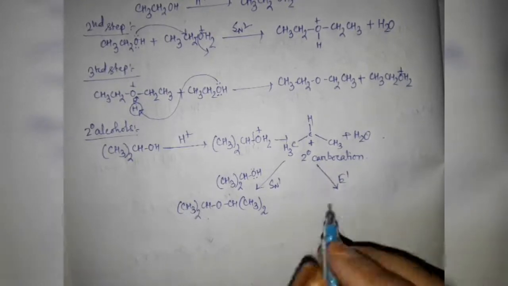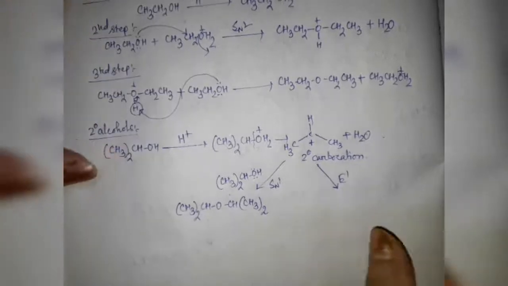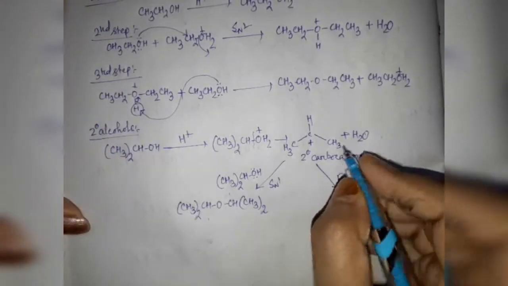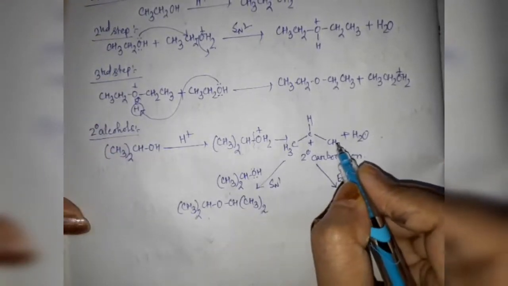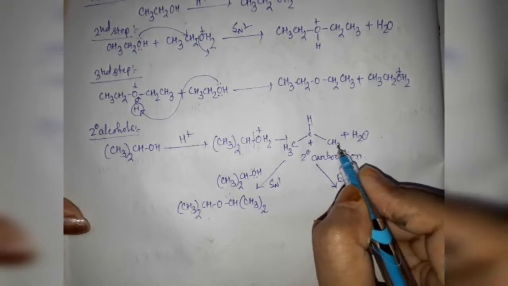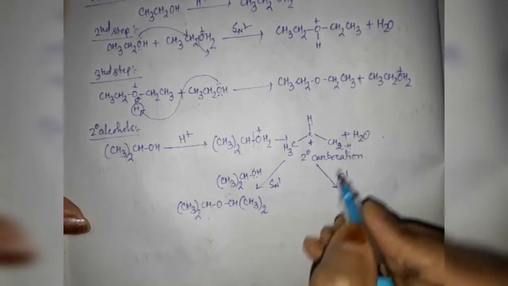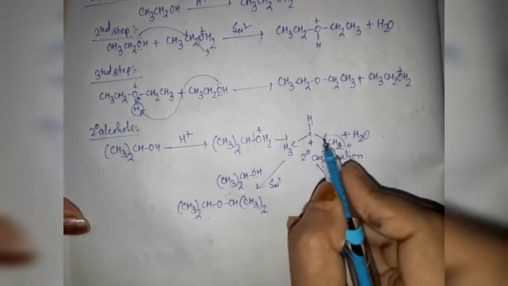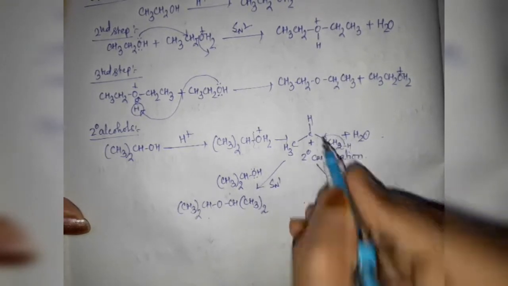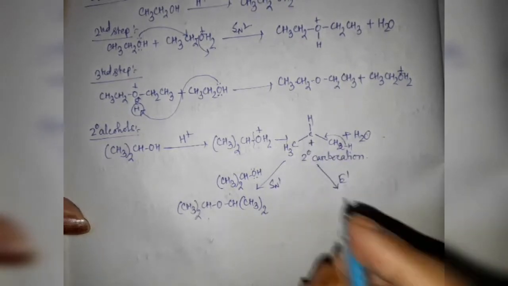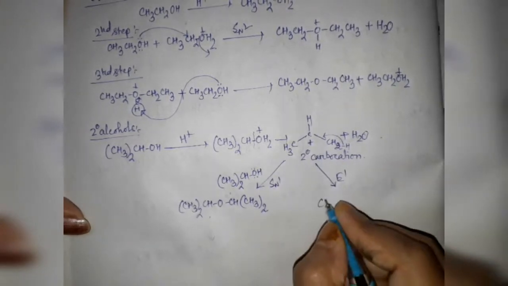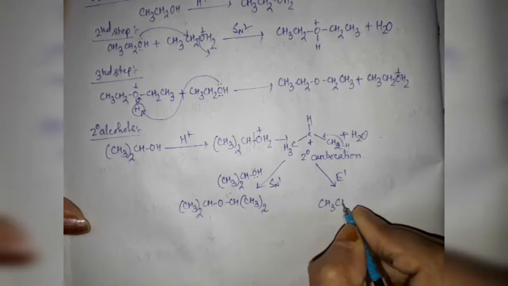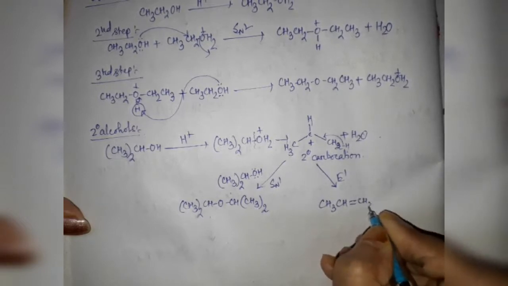Along with this we will have an elimination product also, and we will write this CH3 as CH2 bond H for understanding. So this bond will break and this bonding electron pair will be left towards this positively charged carbon atom, and we will have our alkene, CH3CH=CH2.